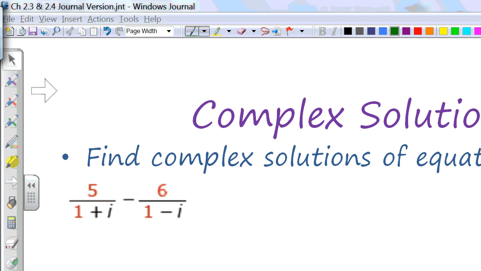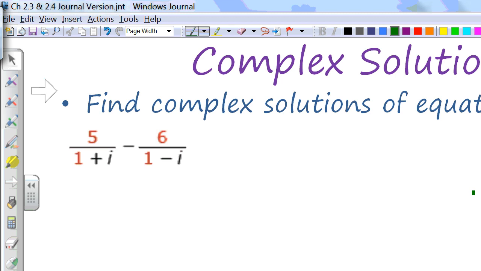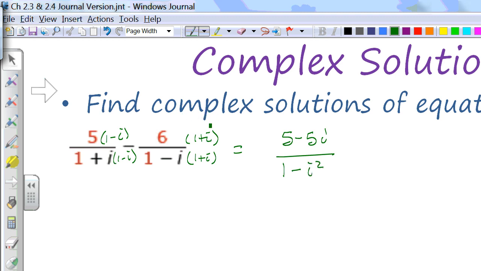Find the complex solution to this equation. Okay, so our common denominator, I'm adding this is 1 plus i and 1 plus i. And this is 1 minus i and 1 minus i. Well, these two conjugates are going to give me 5 minus 5i over 1 squared minus i squared, which becomes 1 plus 1, being 2.